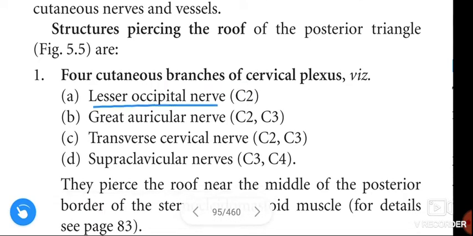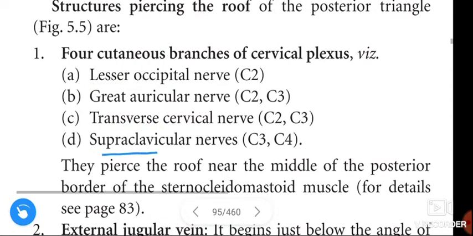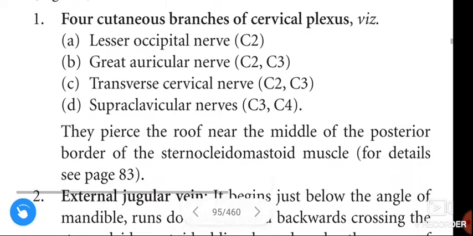Lesser occipital nerve formed by C2, greater auricular nerve C2 and C3, transverse cervical nerve C2 and C3, and the supraclavicular nerve formed by C3 and C4. These are the four cutaneous branches of cervical plexus. See once again: lesser occipital, greater auricular, transverse cervical, and supraclavicular nerves.